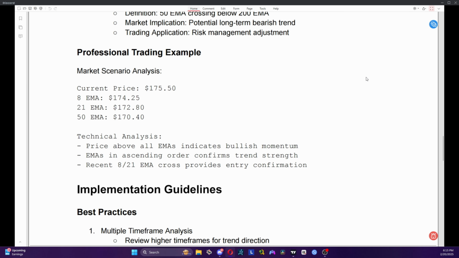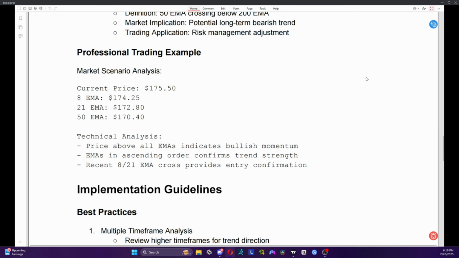In a perfect world, it would be incredible if you're trading and all of your EMAs are what is known as coiling up. In other words, they're all very close together.